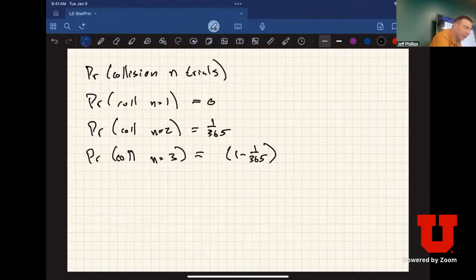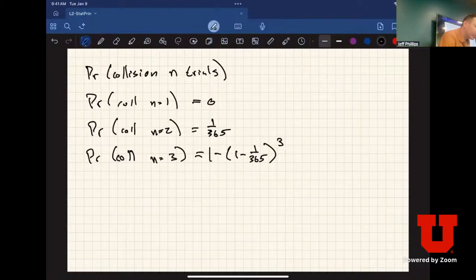So the probability of no collision is this, and the probability of collision is 1 minus this. 1 minus 1 over 365 is the probability that one pair of people do not have the same birthday, and there are 3 pairs. As the number of pairs increases, the probability of no collision should go down, and the probability of a collision should go up.